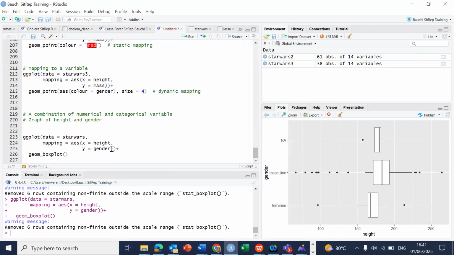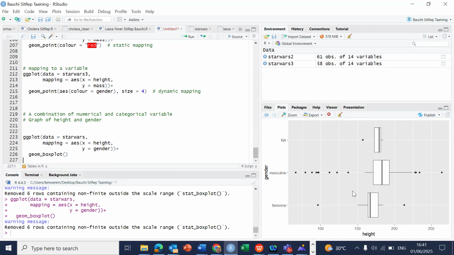If I run this, you can see it has disaggregated by gender. Here is feminine, here is masculine, and here is the one with missing gender, missing value of gender. So it has disaggregated the numerical plot by the values in gender.